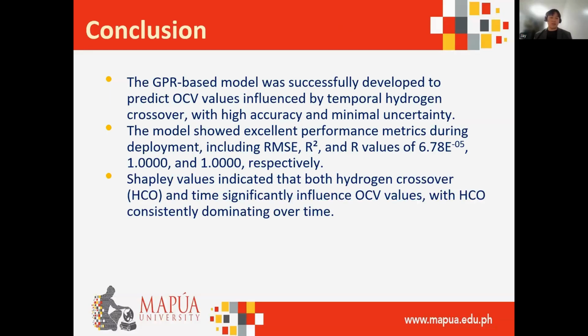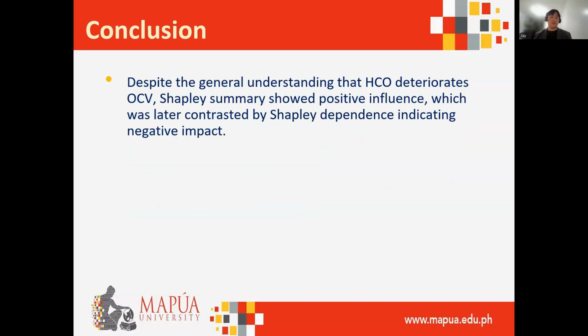And Shapley values indicate that both hydrogen crossover and time significantly influence OCV values, with HCO consistently dominating over time. Despite the general understanding that HCO deteriorates OCV, Shapley summaries showed positive influence, which was later contrasted by Shapley dependence, indicating negative impacts.